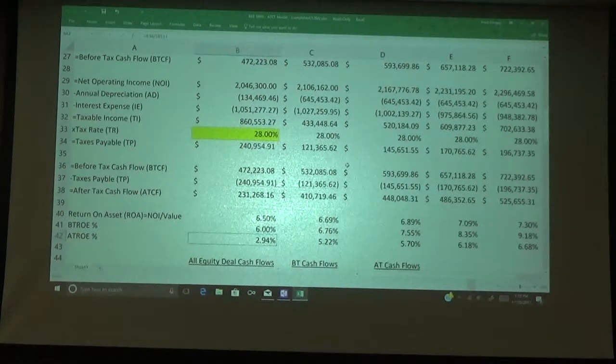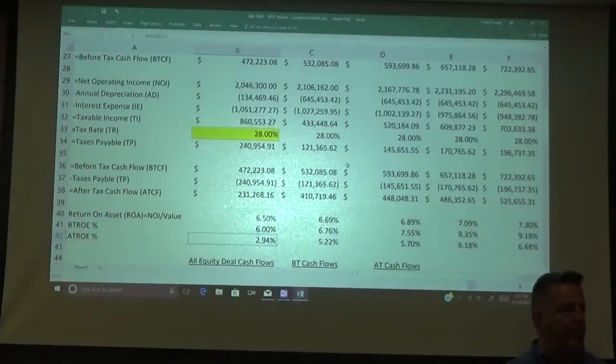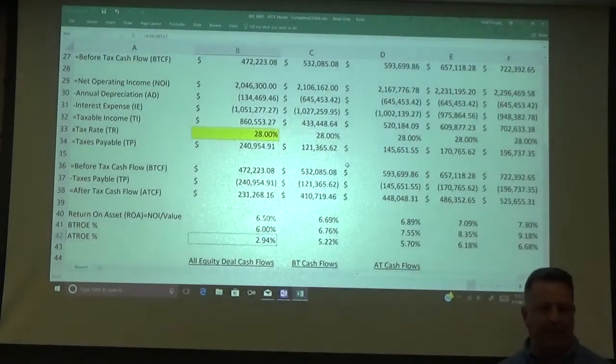About the only way that it could not be lower is if you were getting tax credits, like historic tax credits, low-income housing tax credits, or other related tax credits that would potentially allow your after-tax cash flow to somehow be higher than your before-tax cash flow. But very seldom is that going to be the case.